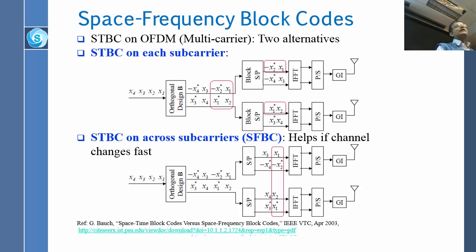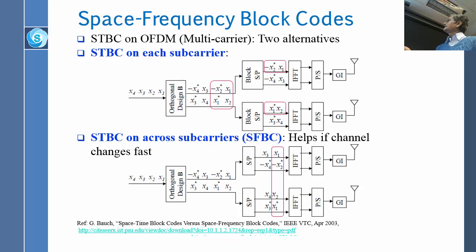So this is how STBC is done on OFDM. When you do STBC on multiple subcarriers, then you get this. You are dividing the things on different subcarriers. So here, all we did was x1, x2 star.